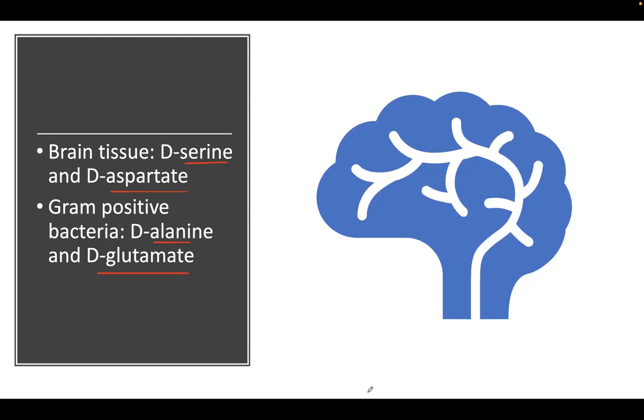Now, what is that famous bacteria that has a poly-D-glutamate capsule? In fact, it is the only bacteria that has a poly-D-glutamate capsule, which increases its virulence and pathogenicity. Very good, it is Bacillus anthracis. And what disease is caused by Bacillus anthracis?